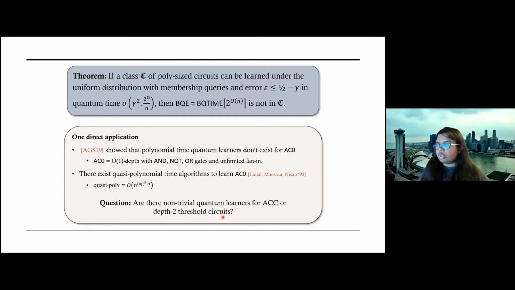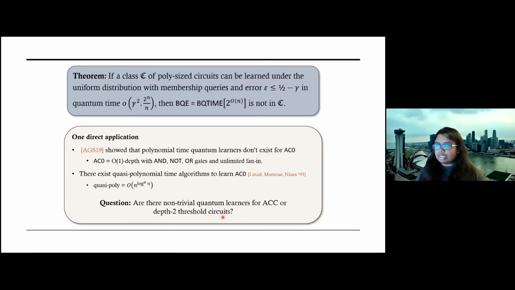And also, we don't know any good classical algorithms for these classes. So if you want to show that quantum is more powerful, you want to look for quantum learners that are non-trivial for these classes. In that case, you would get a new lower bound that is not implied by classical results. So that would be interesting as well.